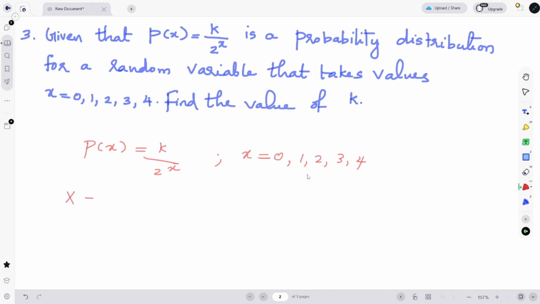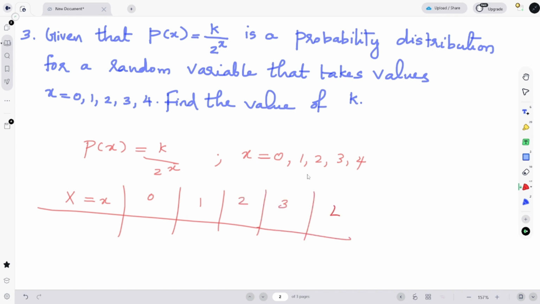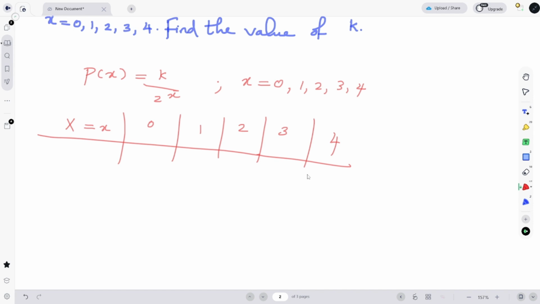So we know that x takes the values 0, 1, 2, 3 and 4. So what will be the corresponding p of x? We know that p of x equal to k by 2 raised to x. So k by 2 raised to 0, sorry, 2 raised to 0 is 1, so that is k. Then k by 2, k by 4, k by 8, k by 16.